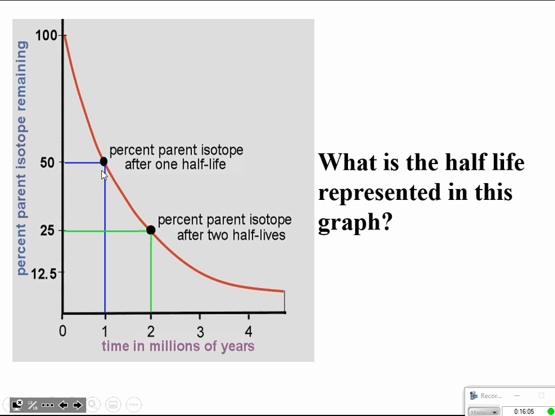So that's telling me that my half-life is 1 million years. Okay? My next half-life comes right here at 25. That was 2 million. My third half-life here would be 3 million. Okay? That's going to happen at that 12.5. But once again, the graph is representing exponential decay.